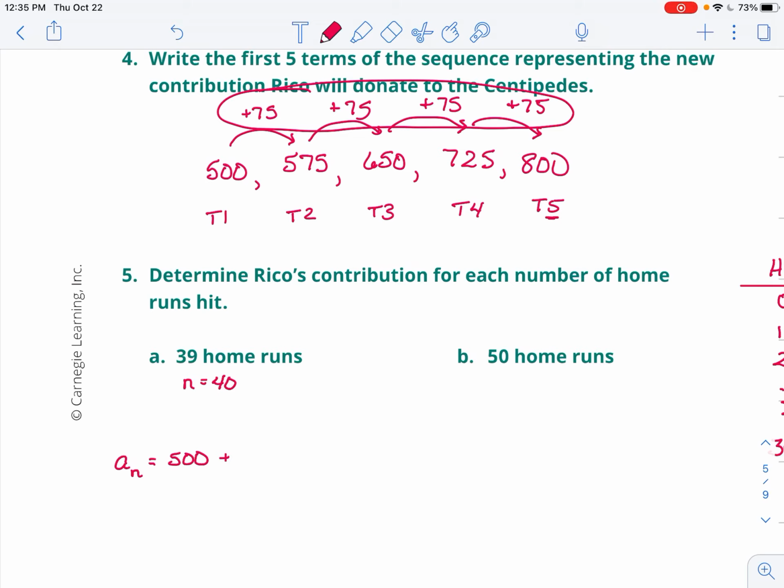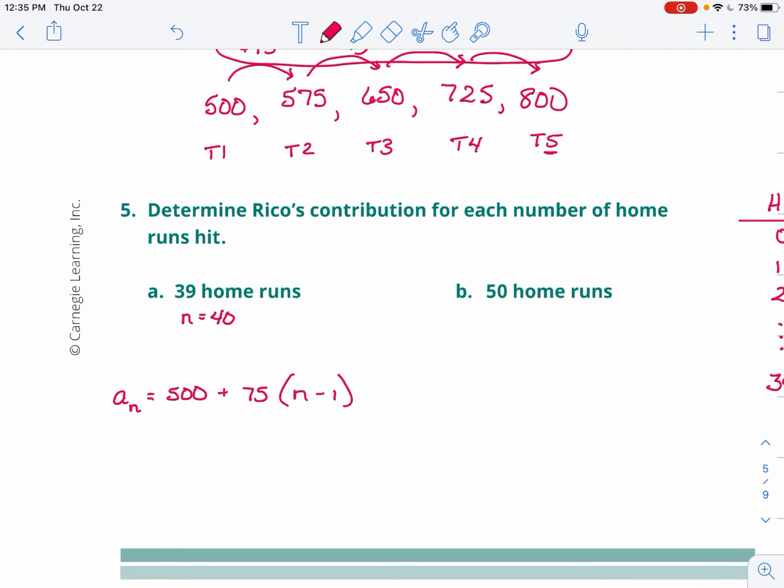So the common difference was a 75. I need to add 75, but the number of times is going to depend on how many terms are before the one I'm on. In this case, the number of home runs. So this is my explicit formula.